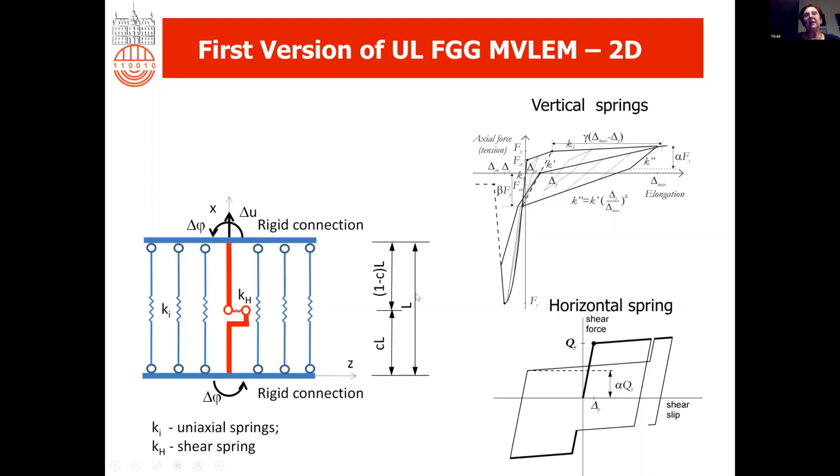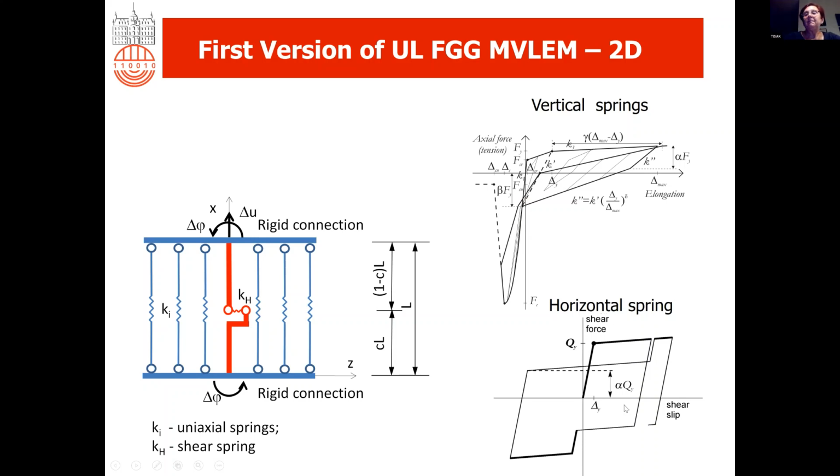It is also typical for these elements that we have one horizontal spring, which defines the shear behavior. It can be described either as an elastic response, or it can be defined as a more complex response, which is defined on this figure here.